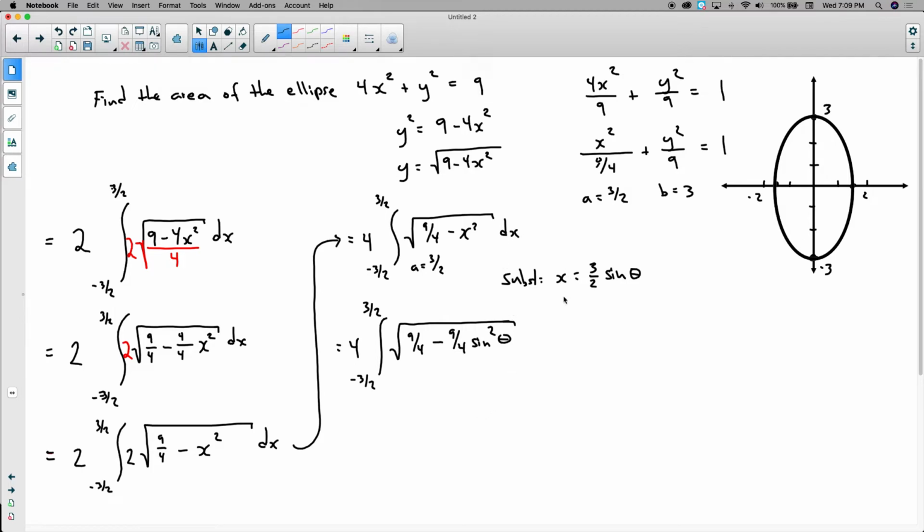And I don't want to put dx, so I've got to roll through my usual process over here. dx d theta equals 3 halves cosine theta, and that makes dx equal to 3 halves cosine theta d theta. So that is going to be slotted in here for dx.